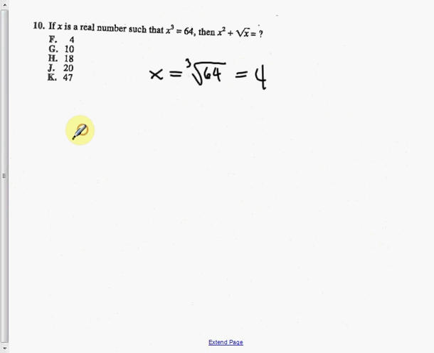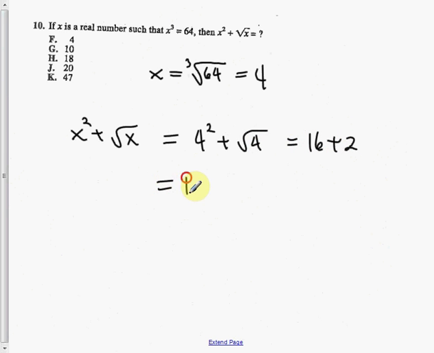And it says x squared plus the square root of x. Well, x is 4, so this is 4 squared plus the square root of 4. So that's 16 plus 2. That just gives you 18. See how, like I said, that's a quick one that you can look at directly and be able to solve without a problem.